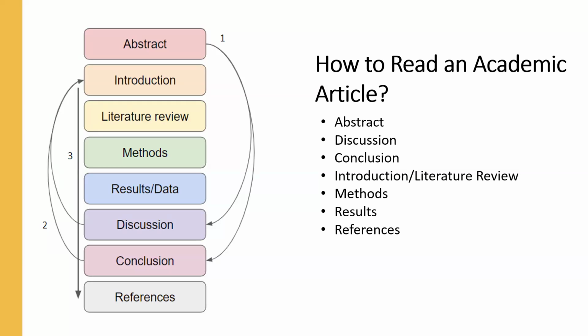So to save yourself the time, start with the abstract, jump to the discussion, the conclusion, go to the introduction, and don't be afraid to put it aside if it's not what you're looking for. You might want to bookmark it, save the search results, but move on to something else. That is the efficient way to read an academic article.